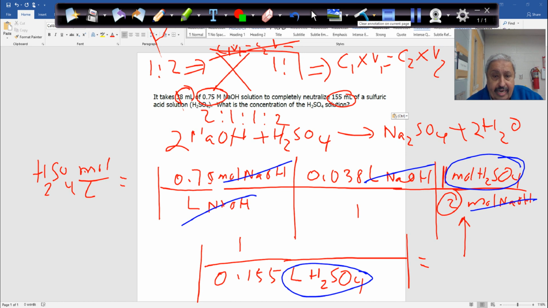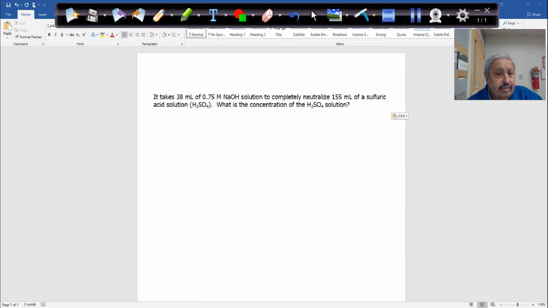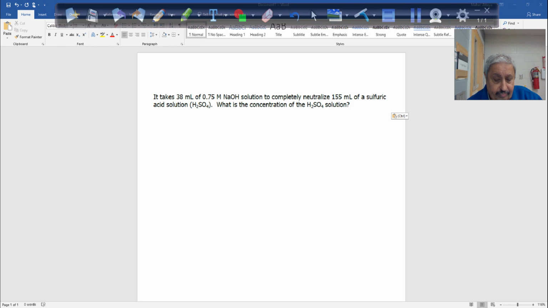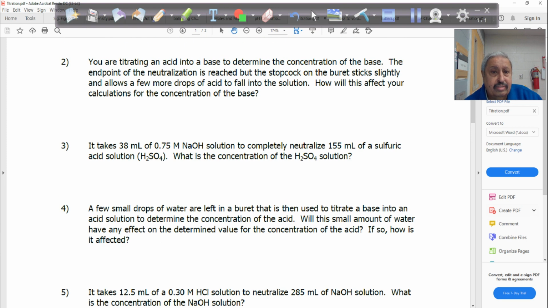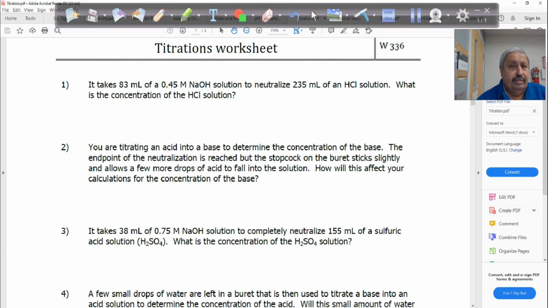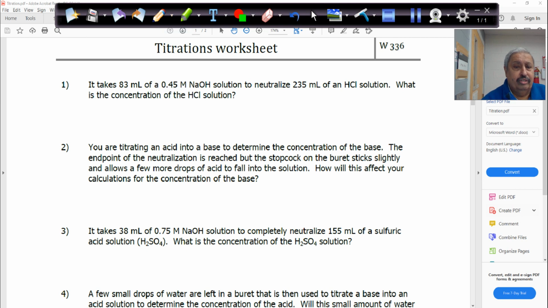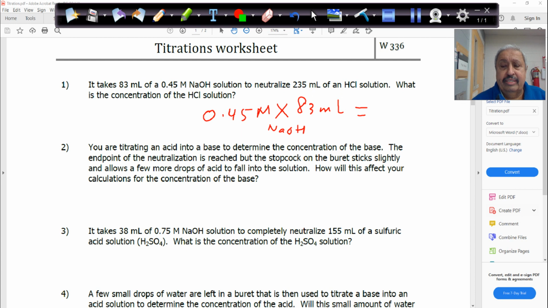Well, I did not put it there for you, I think. Titration here, yes, we can do C1V1 equals C2V2 because the ratio is 1. So we have 0.45 molar of sodium hydroxide. You just take the sodium hydroxide here, multiply by its volume, equal to the molarity you don't know, question mark, times 235 mL.